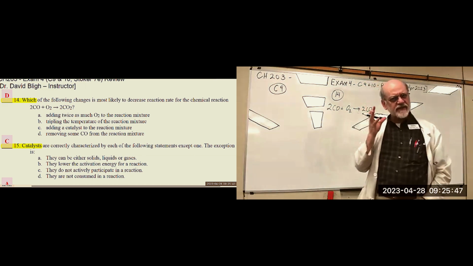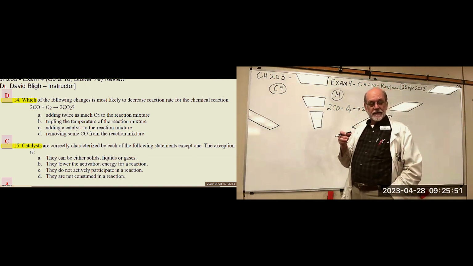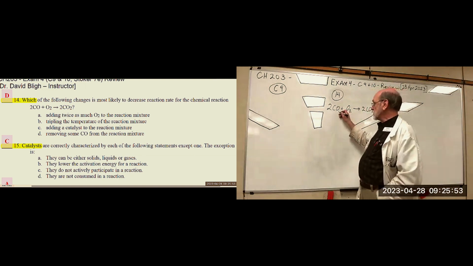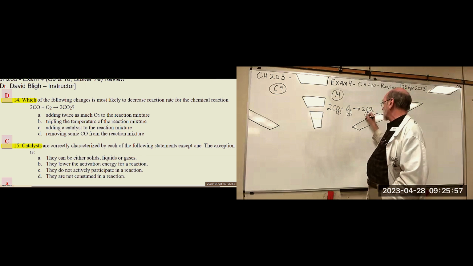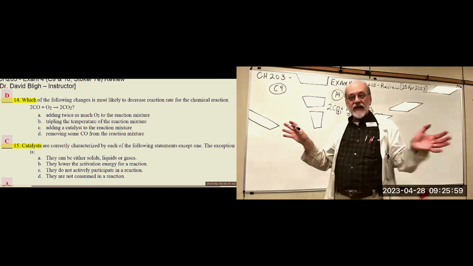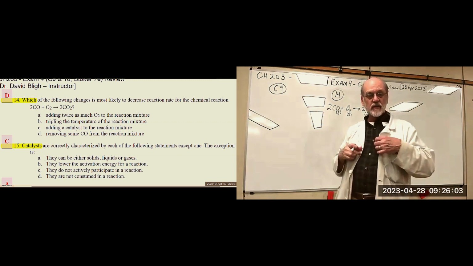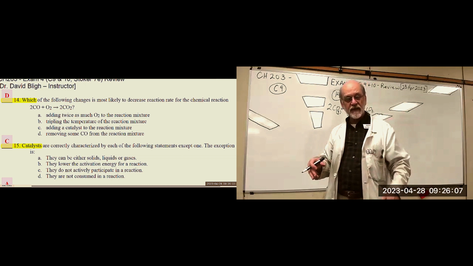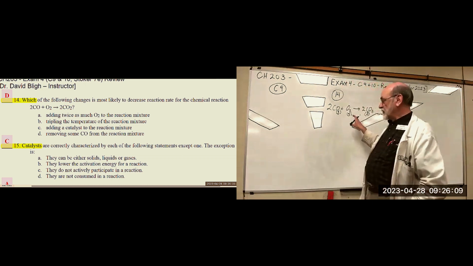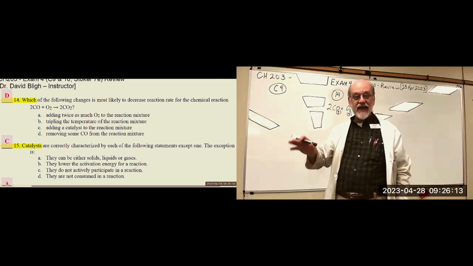So think about the things that can cause a reaction rate to go faster or slower. Well, these are all gases. Carbon monoxide, oxygen gas, carbon dioxide. So particle size has nothing to do with it. We're not talking about solids. We're not talking about liquids where you can change the concentration. How do you change the rate of a gas reaction?